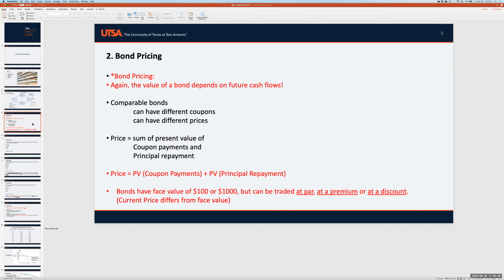The price of the bond is the sum of the present value of coupon payments and principal repayments. Bonds that have a face value of $100 or $1,000 can be traded at par, at premium, or at discount. So the current price of the bond can differ from the face value of the bond.